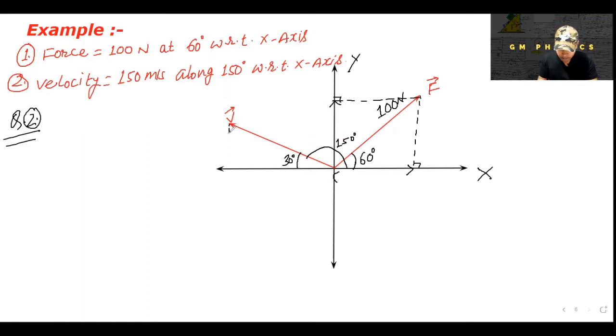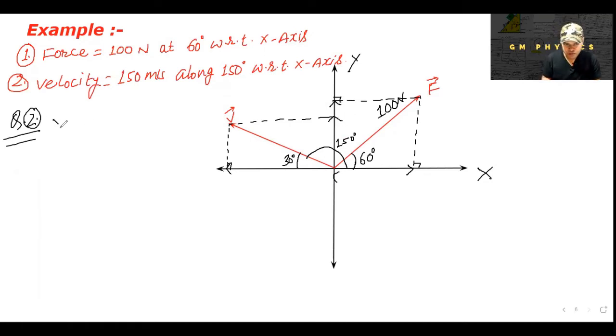So simply drop a perpendicular from the head of the arrow on the x-axis to obtain the x component. Here you see the x component is along negative x-axis. And again, drop a perpendicular from the head of the arrow on the y-axis. The y component is along positive y-axis.